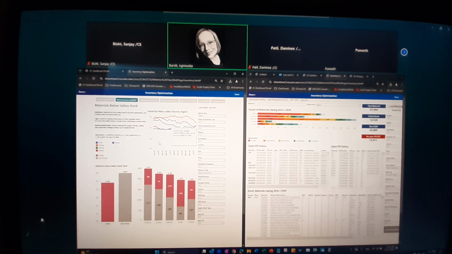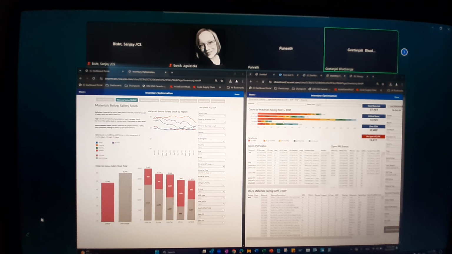This color coding is per region. Here we have the lines per region as well. So for America, here it shows 2,400 lines. Here it is 6,000. Oh, sorry, 2,400. This is 6,700.